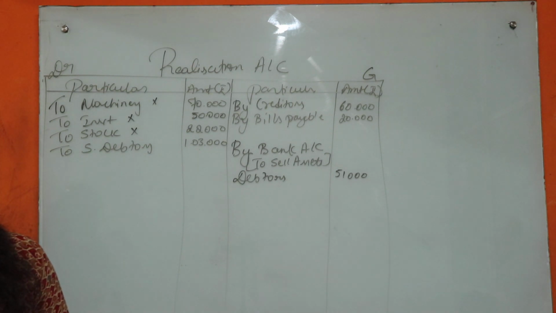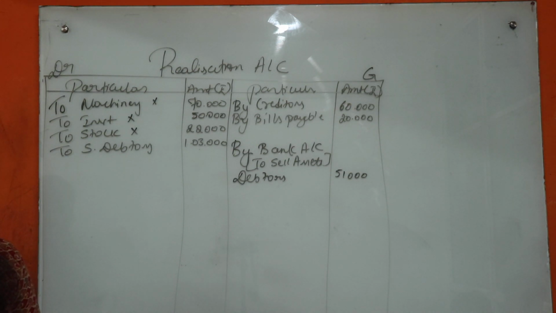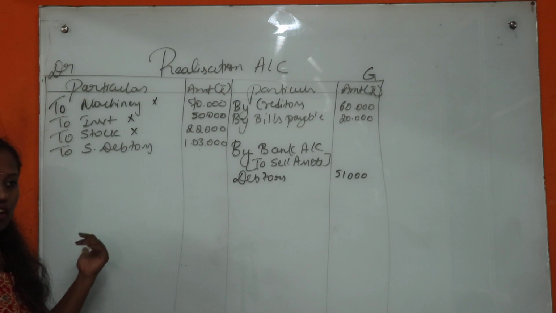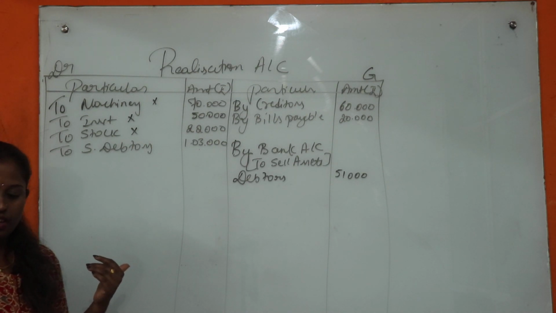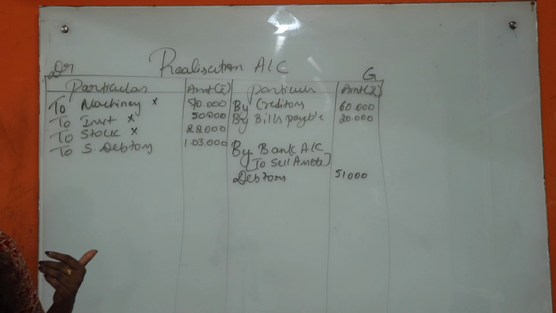Okay. Now let us take all the other parts where we have been settled. Look here, when it comes to partners taking over something, any asset or liability, we record those transactions. This investment was taken over by Tanu.